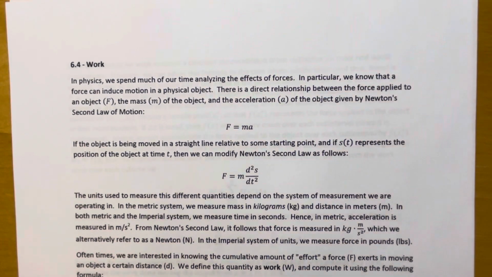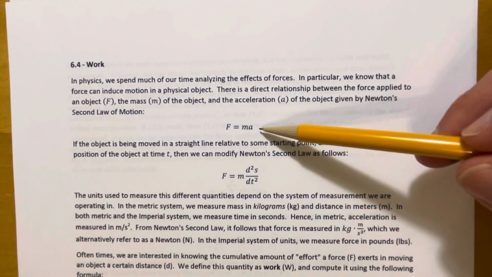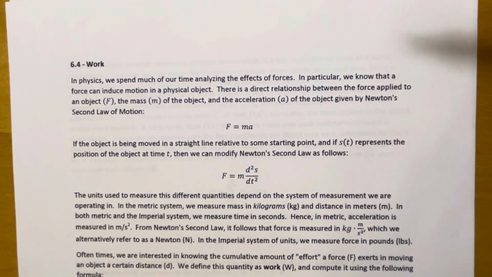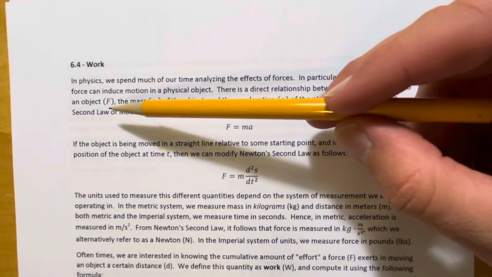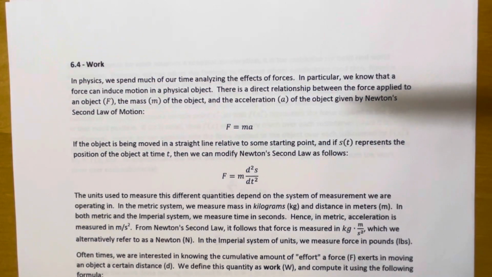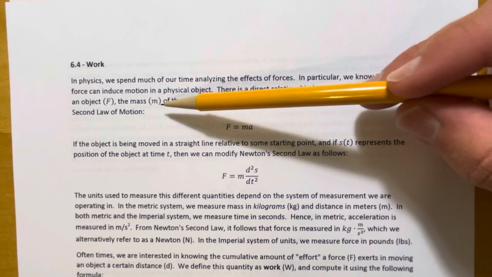So a force will induce motion in a physical object. In physics, one of the first things we talk about when it comes to forces is what we refer to as Newton's second law of motion, which you are probably familiar with, but if not, this is it right here. So the force that I'm referring to, I'm going to notate with a capital F. All physical objects, all matter has mass.